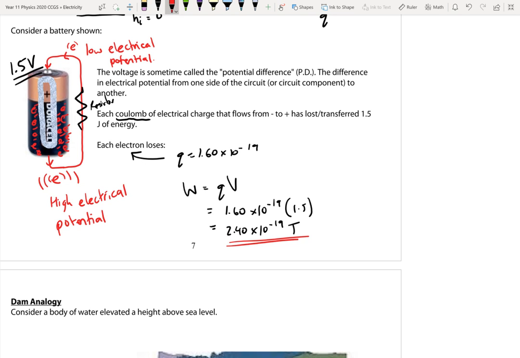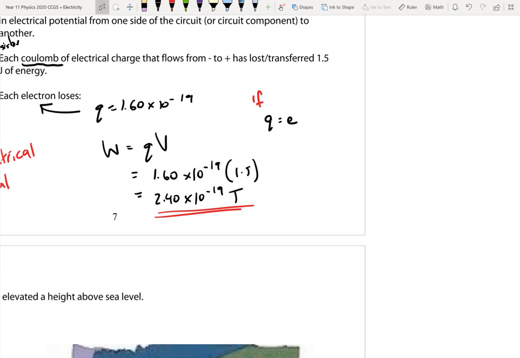But you're probably wondering, if we left Q equal to e, then we could say that work equals eV, which equals e times 1.5 volts, or 1.5 eV.